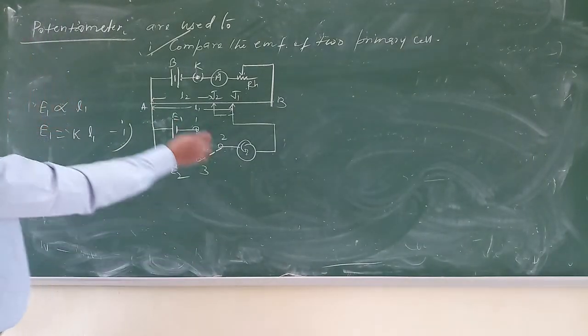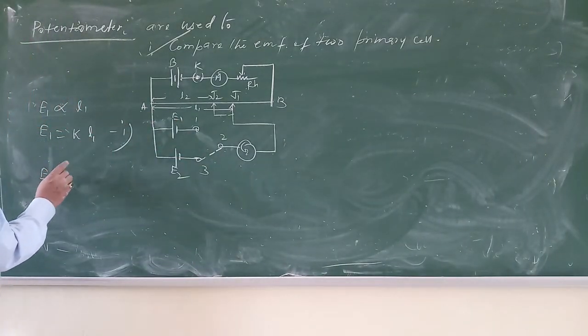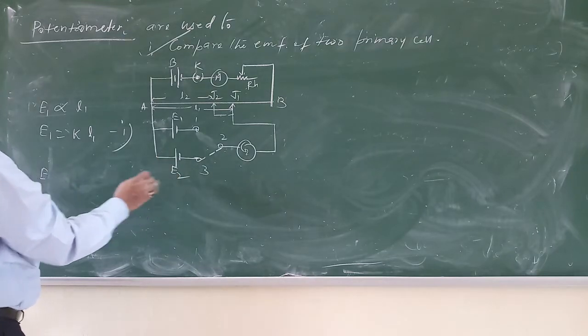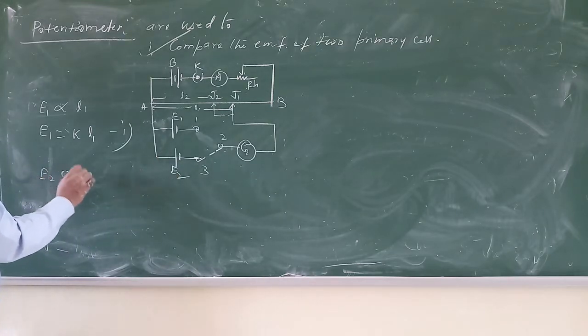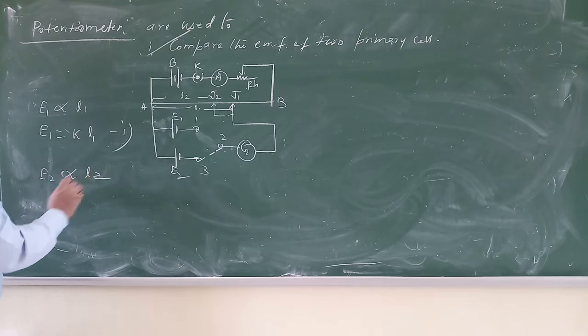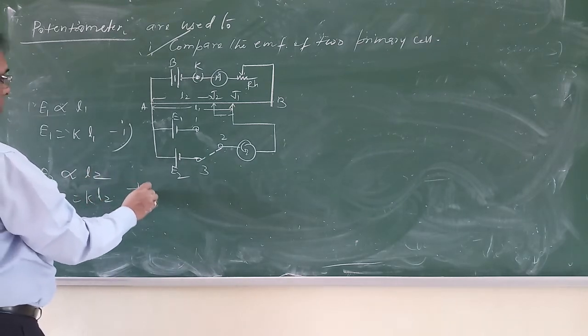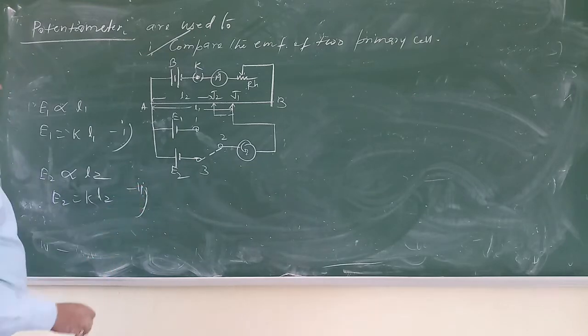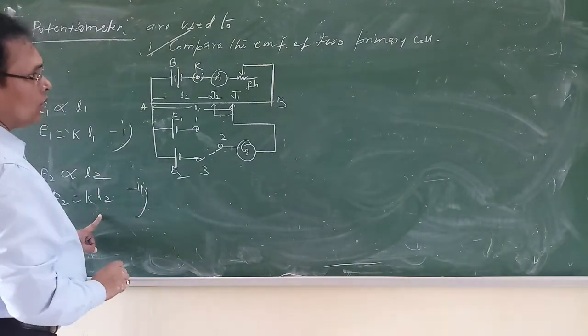So again, according to the principle of potentiometer, the potential drop across this length, E2, is directly proportional to L2. Therefore, E2 equals KL2. This is equation 2. Now divide equation 1 by 2.